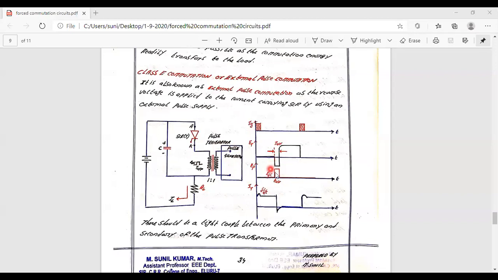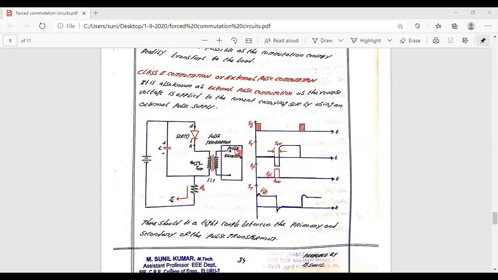This reverse voltage is applied by the pulse transformer. Once the reverse pulse is applied, the cathode becomes more positive than the anode. So the device is going to be turned off. This is related to the external pulse commutation or class E commutation.